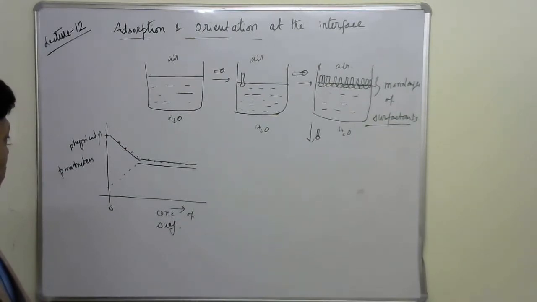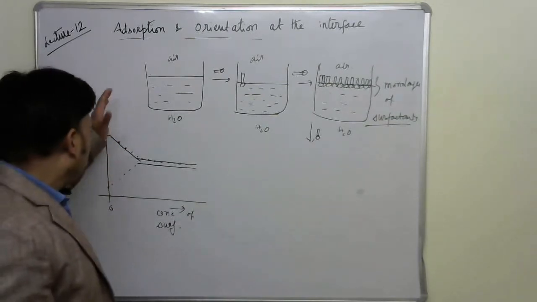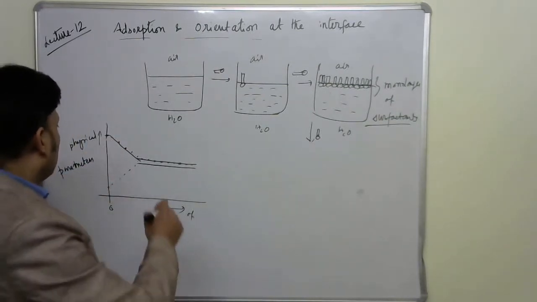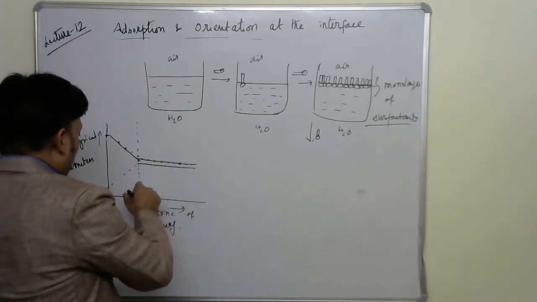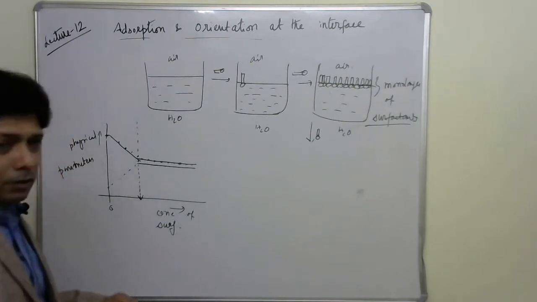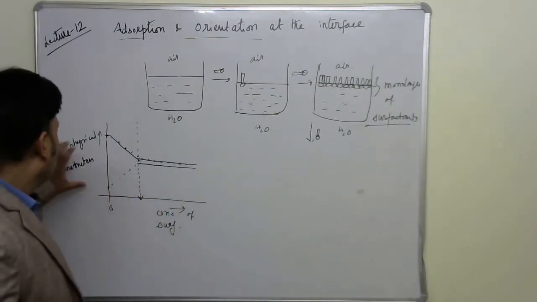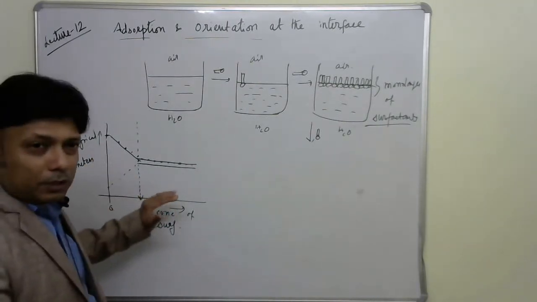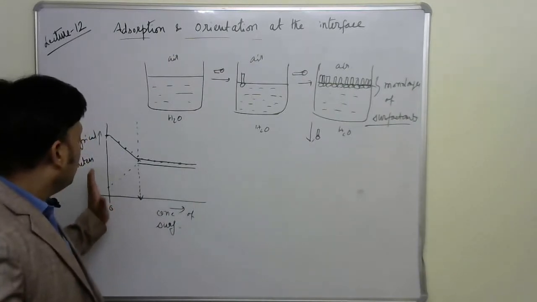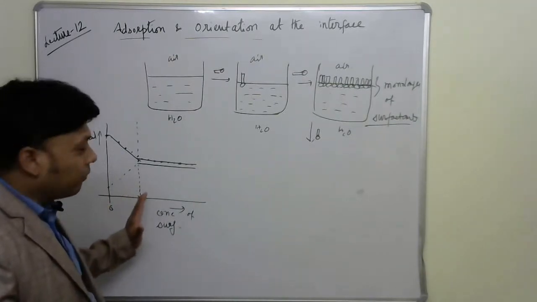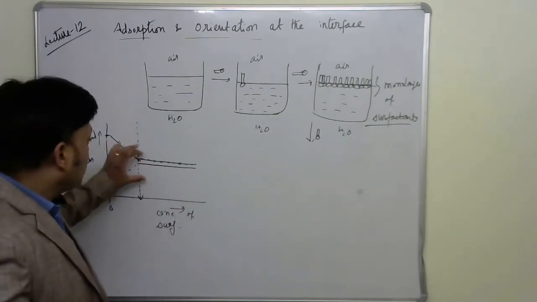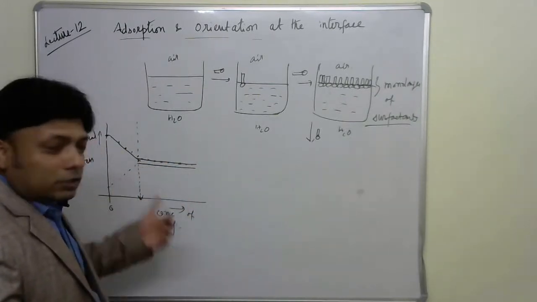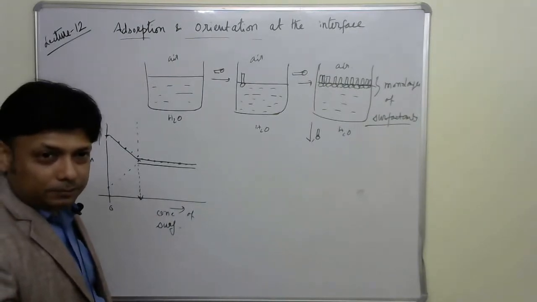Therefore, if we study these changes, we would see there is a certain well-defined concentration beyond which these physical parameters, which are supposed to change with the increase in the concentration of the surfactants, do not change anymore. They stay almost constant.